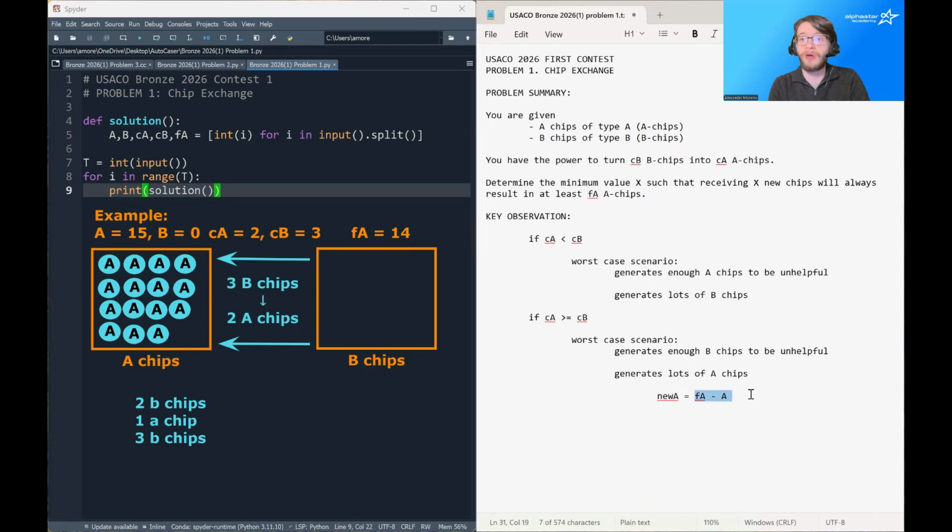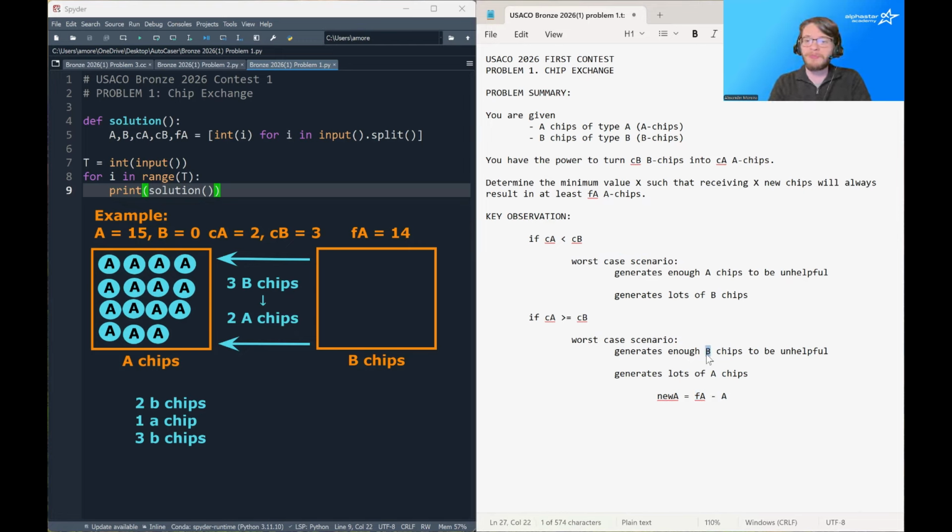The amount of new A chips I need is simply F of A minus A. This problem, as you can suspect by the input sizes, is going to require a lot of math formulas, right? What we're doing here is generating math formulas to address all of the cases in the problem. So this question is very little coding, almost entirely math.